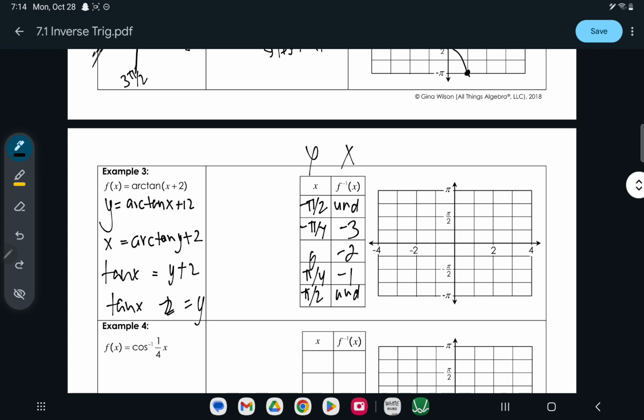Let's plot the ones I know. So negative 3 and negative pi over 4, which is here. Negative 2, 0, and negative 1, pi over 4. Something like that. And there we have it.